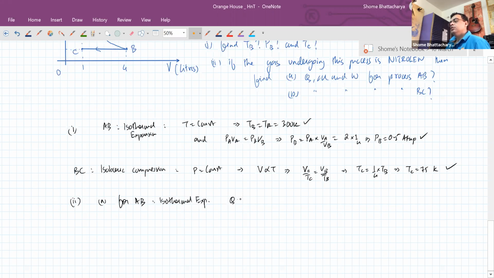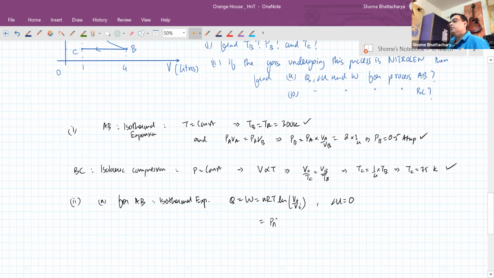So Q is equal to W is equal to nRT natural log of final by initial volume, and delta U is 0.